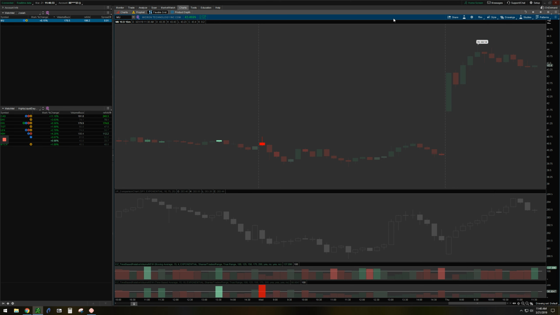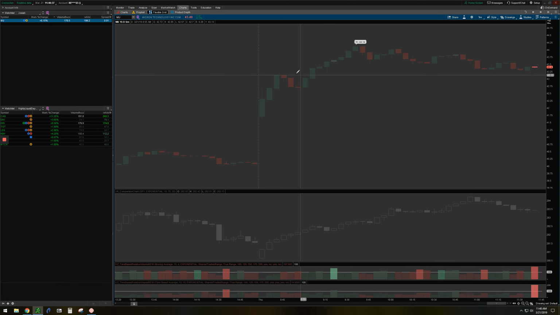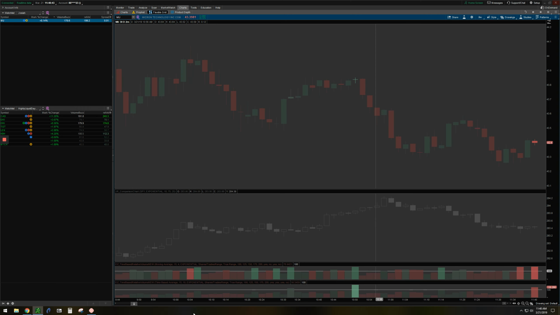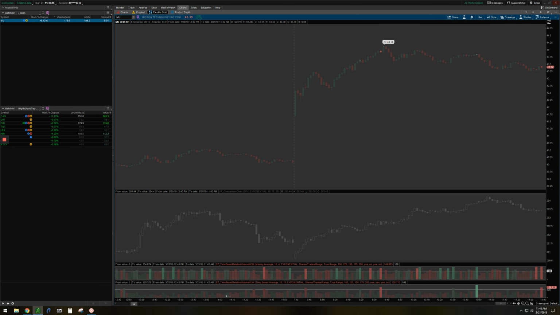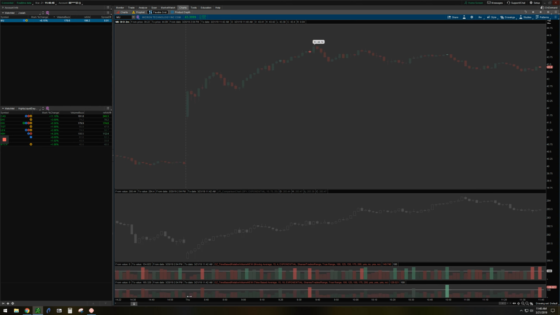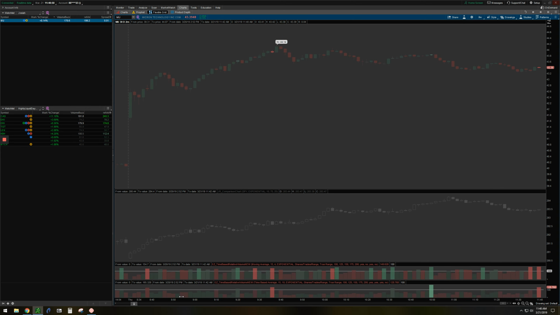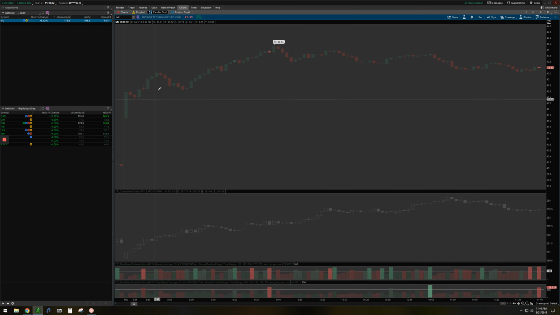Another concept I wanted to cover, which I don't think I've touched on yet, is the risk to reward ratio being important for whether or not a trade works. So we can have, say in this pullback here, we had one buy setup here that failed.